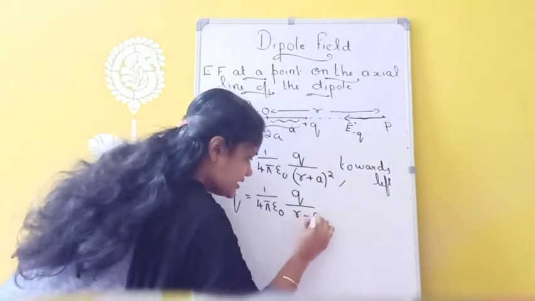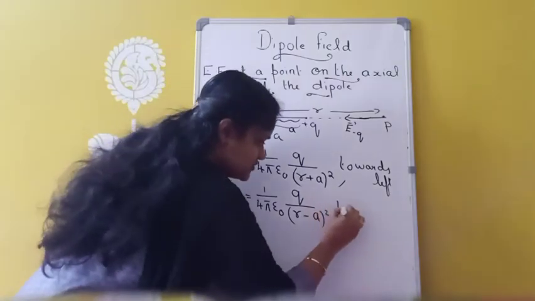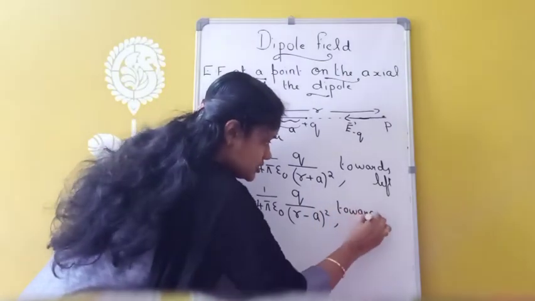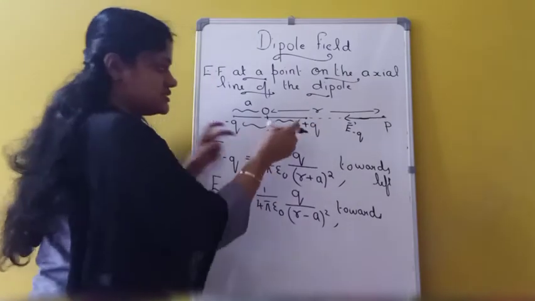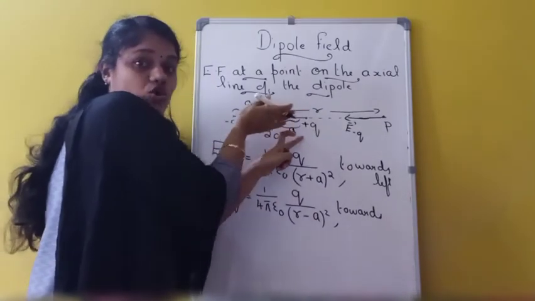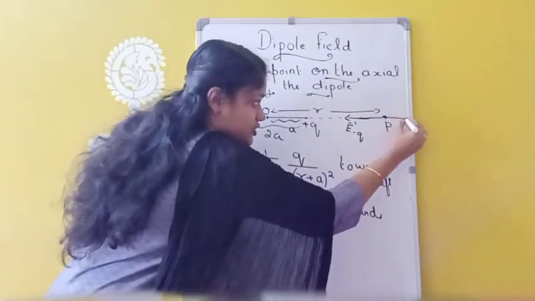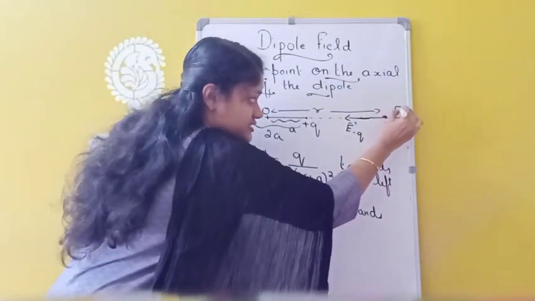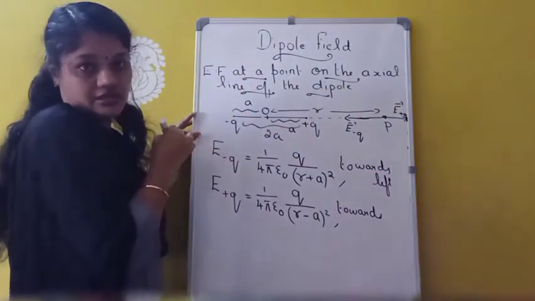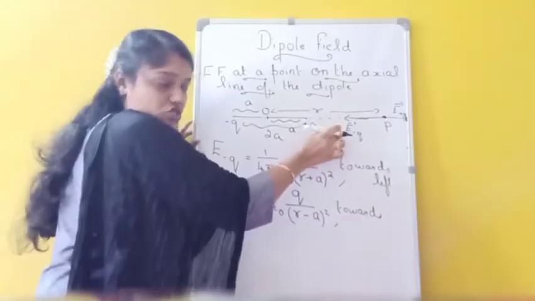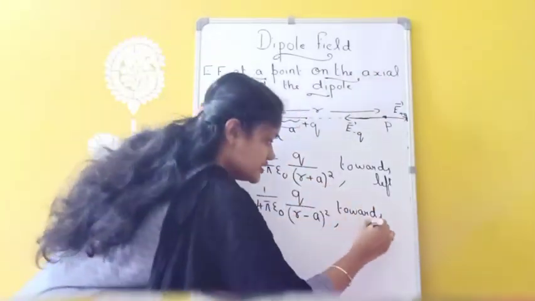And in which direction does this act? Since it is a positive charge, the electric field acts in the outward direction. That means at this point P, the electric field due to plus q charge is acting in the outward direction, so both electric fields due to plus q and minus q are acting in opposite directions. That means towards right.